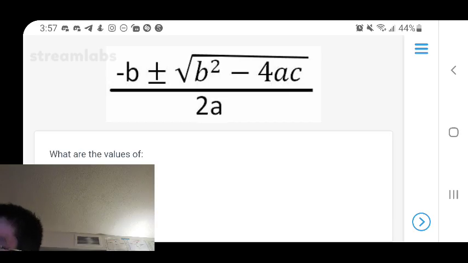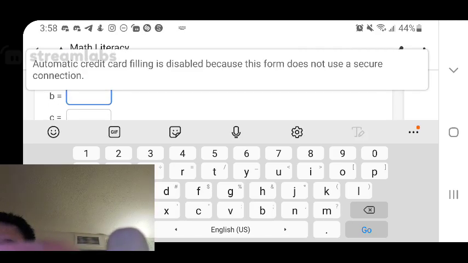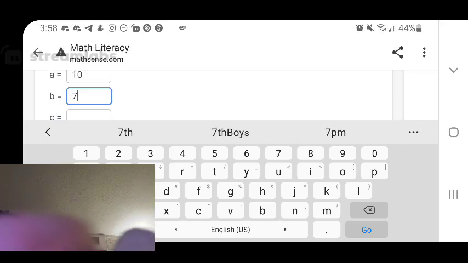It's 2 root 7. 10 plus or minus 2 root 7. So you know A is 10, because that's negative B. The B is in the square root, 7.